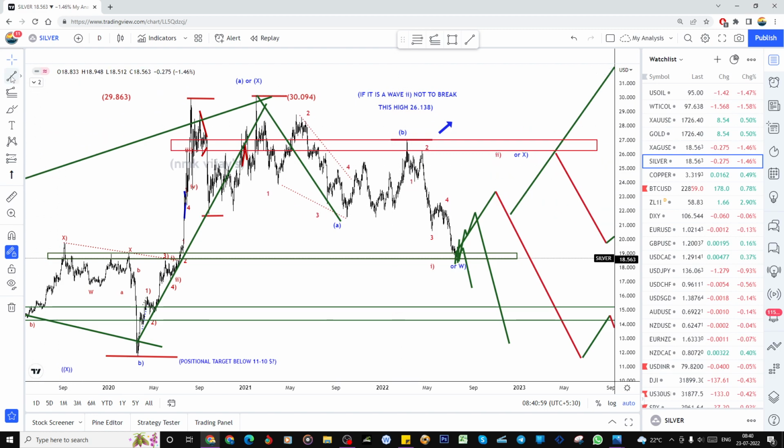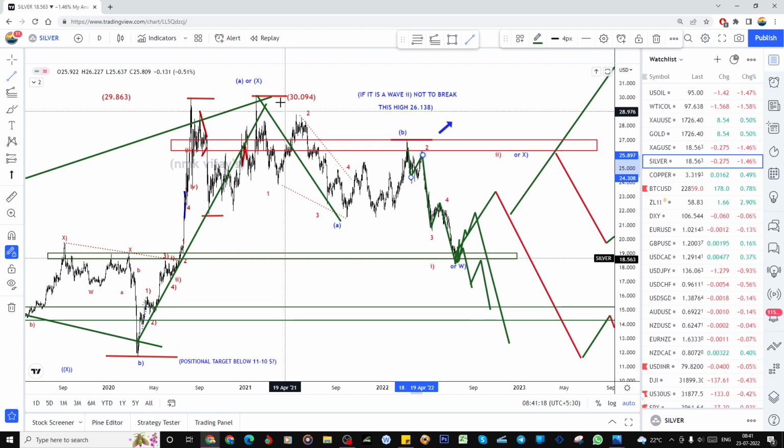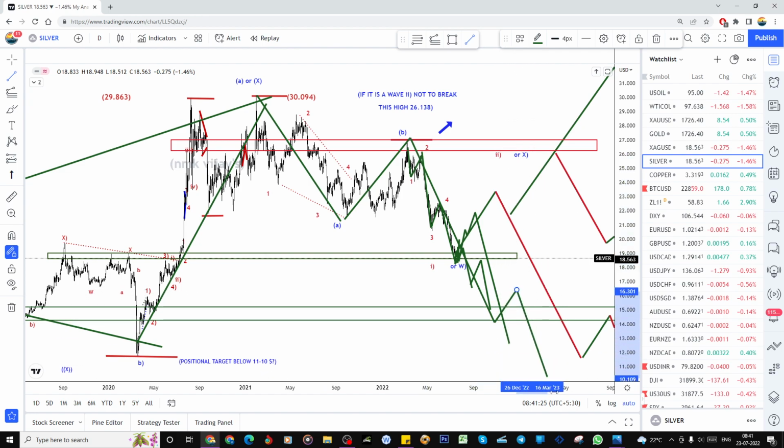Yeah, here it's 1 2 3 4 5. So after this 4 and one more 5, because this is the 1, this is the 2, this is the 3, 4 and 5. So this is also possible, and later onwards this could become 1, this could become 2, this could become 3, 4 and 5.